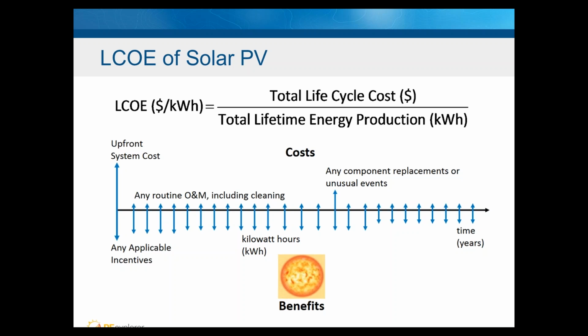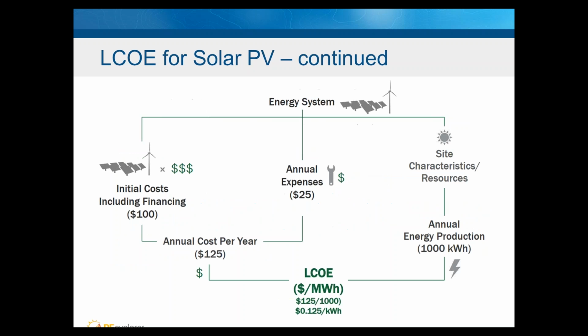Once we put everything in the calculation, here's another graphic showing the addition of these costs in one scenario, and the LCOE from this calculation comes out at 12.5 cents per kilowatt hour.